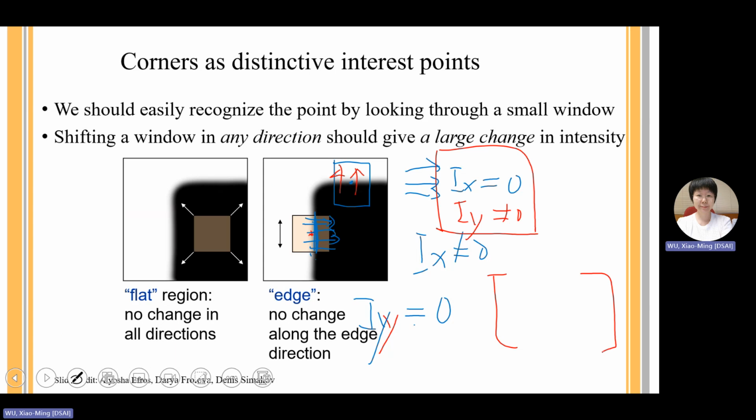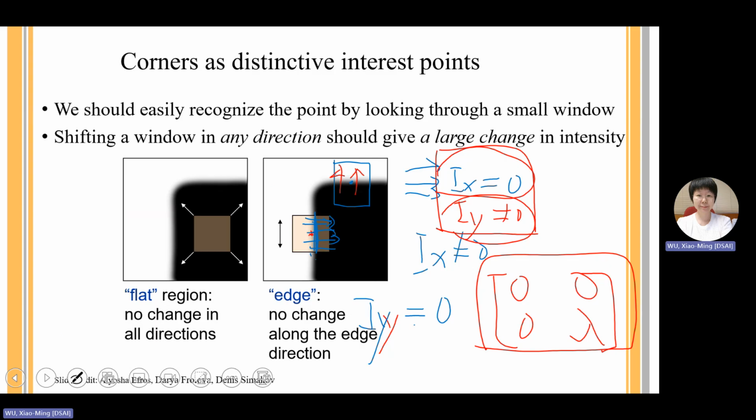Because all the ix are 0, this term should be 0, right? And because some iy are non-zero, this term is non-zero. Then what about the off-diagonal terms? They're all 0. So that's how we know that when the second moment matrix is like this or this, then they represent an edge pixel. If they are all 0, then it represents a flat region.